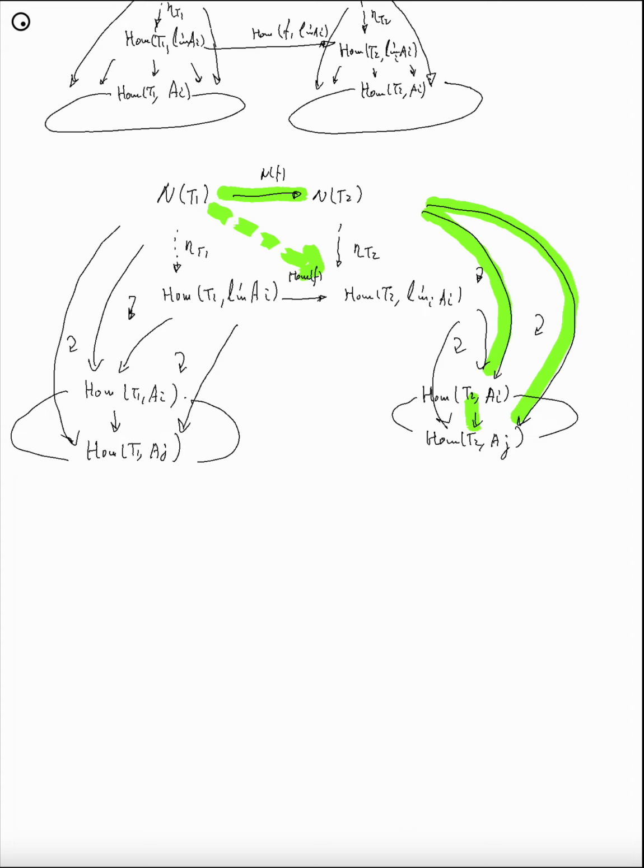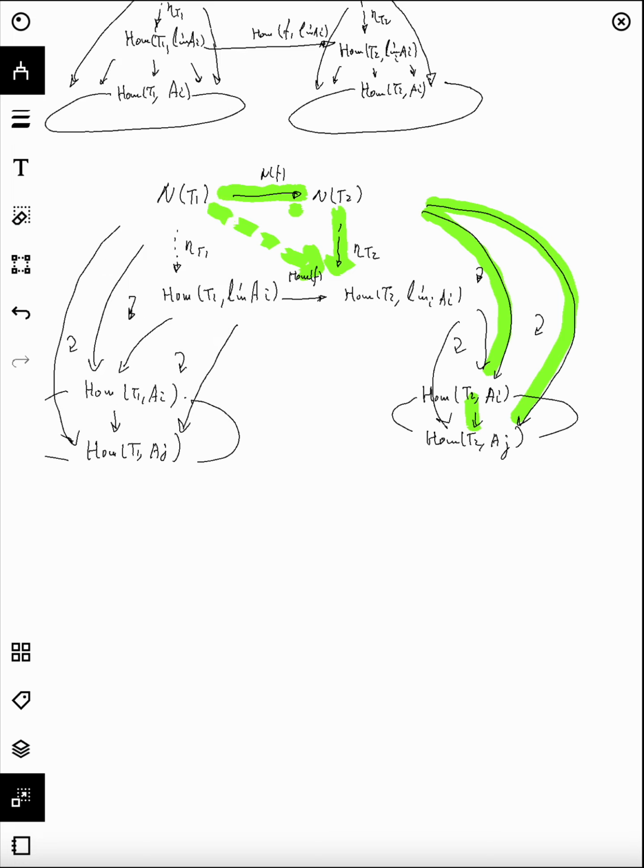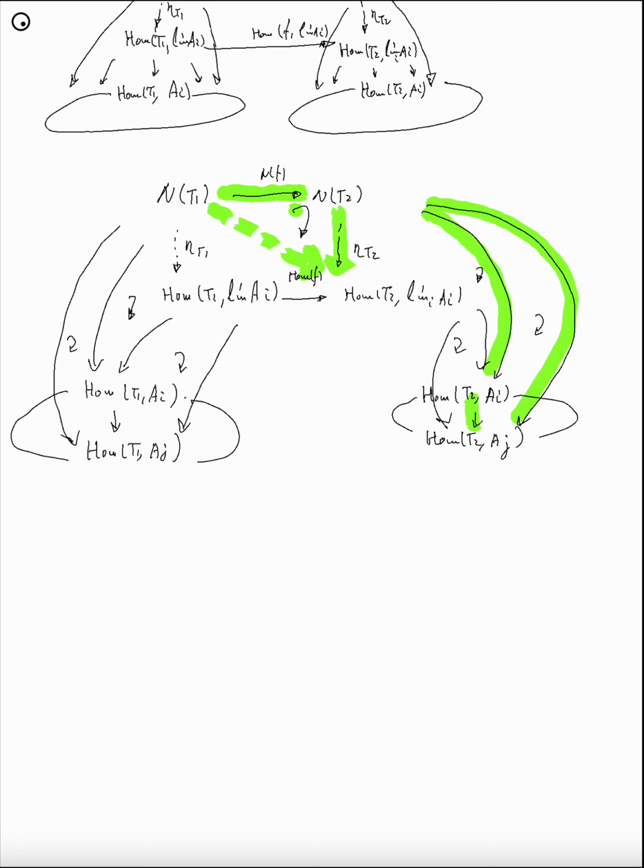But then you know that the composition of this with this gives another map, saying that this is commutative, but there is a unique map. So this one must be commutative.